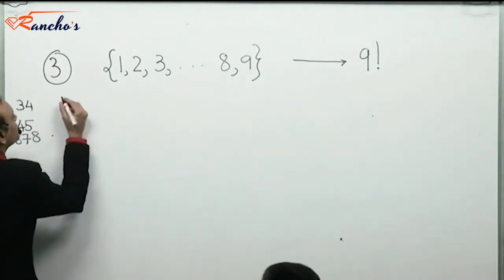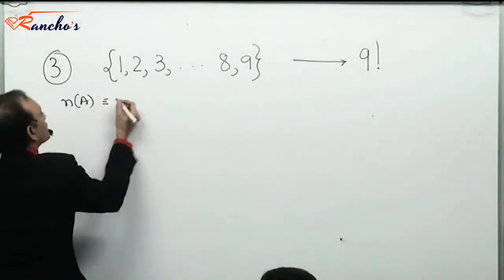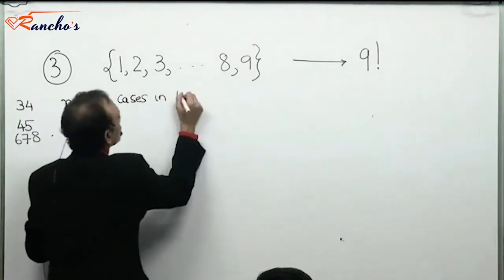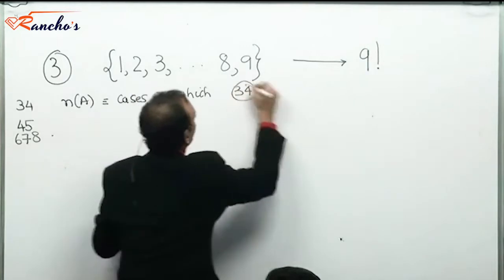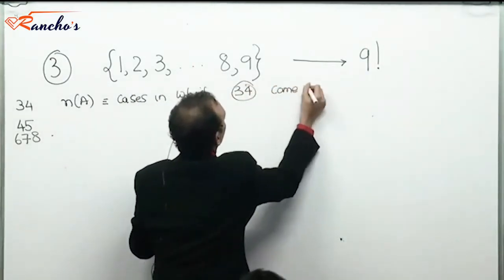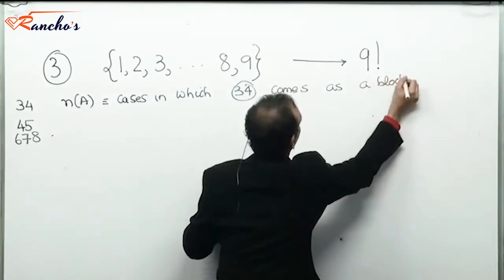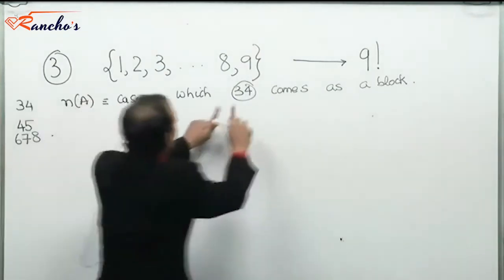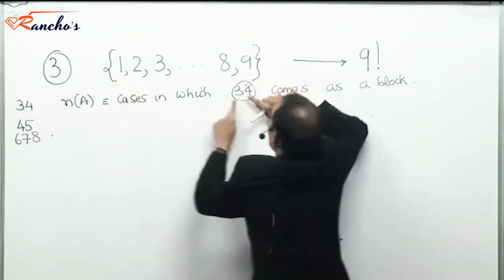So NA means cases in which 3, 4 comes as a block. Now, if 3, 4 comes as a block, there are these remaining 7 and this one.